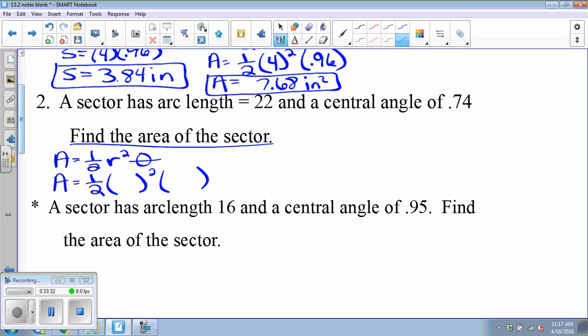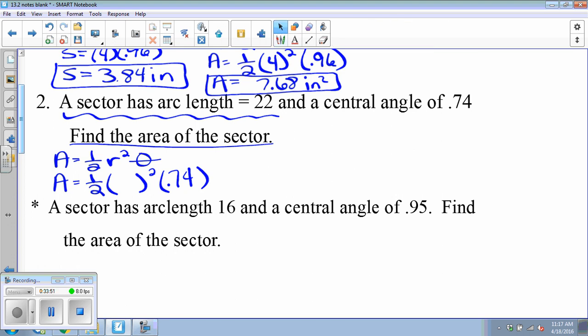So 0.74. Okay? So, they didn't tell me the radius, so they had to have given me a way to find it. Well, let me see what other information they told me. They said a sector has an arc length of 22. If I know the arc length, and I know theta, I can find the radius. Arc length, S equals R times theta.